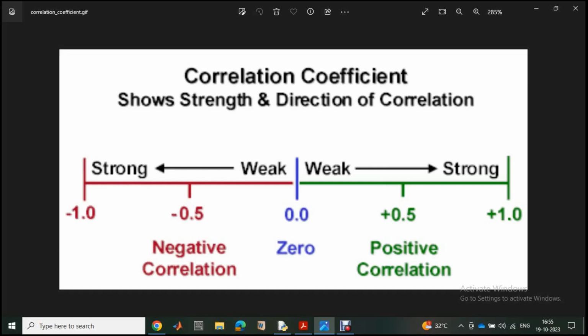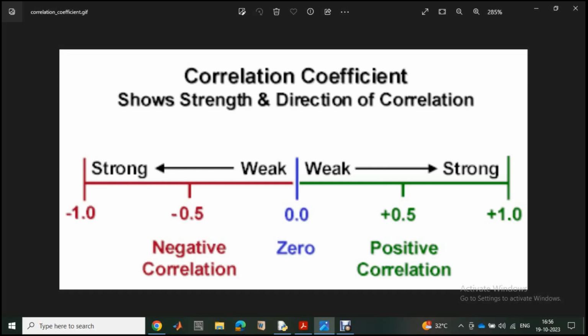There is no common factor affecting the performance of both functions. So +1 means strong positive correlation, both behaving in the same manner, and -1 means negatively correlated, one increasing and the other decreasing. In that manner we have to understand this.